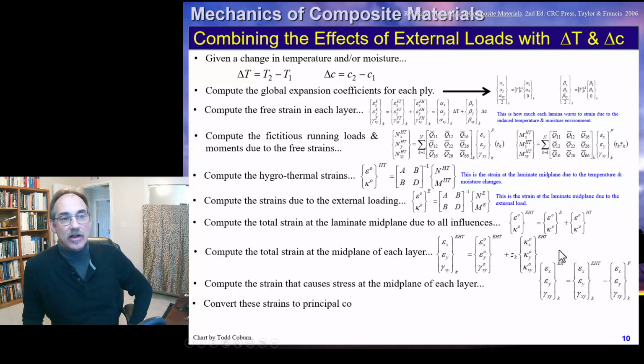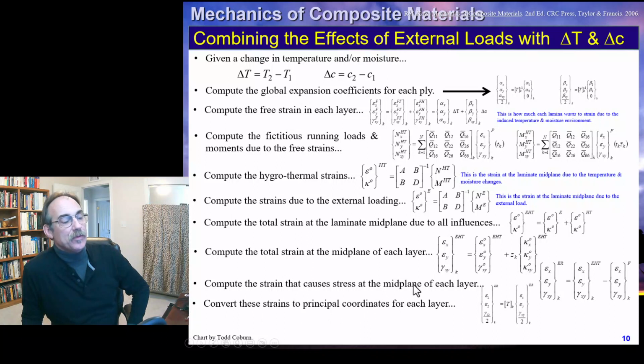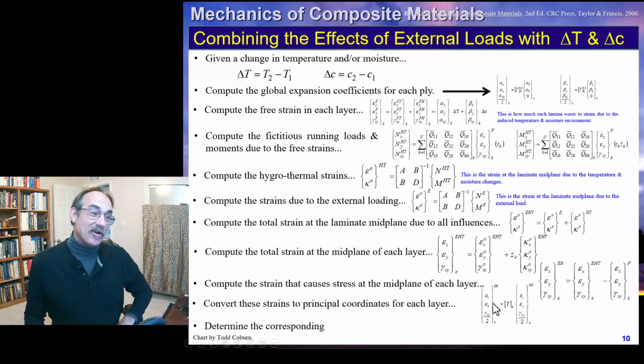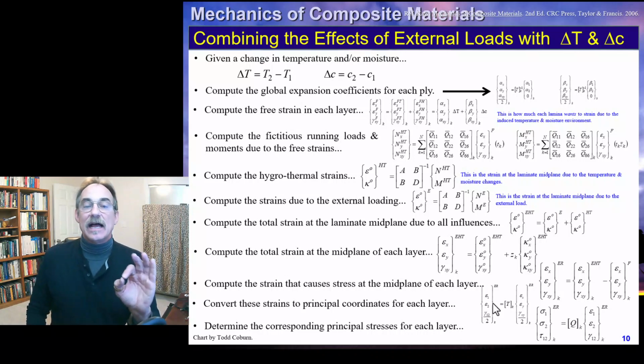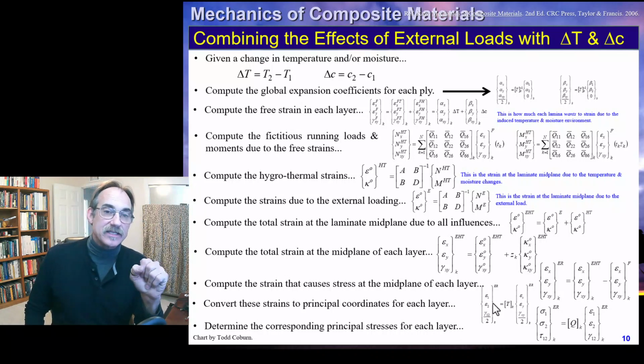Once again, this is done on a ply-by-ply basis. We can turn these into principal material direction strains, which can be converted to principal material direction stresses. And this allows us to estimate the stresses due to a combination of temperature and moisture and external loads.